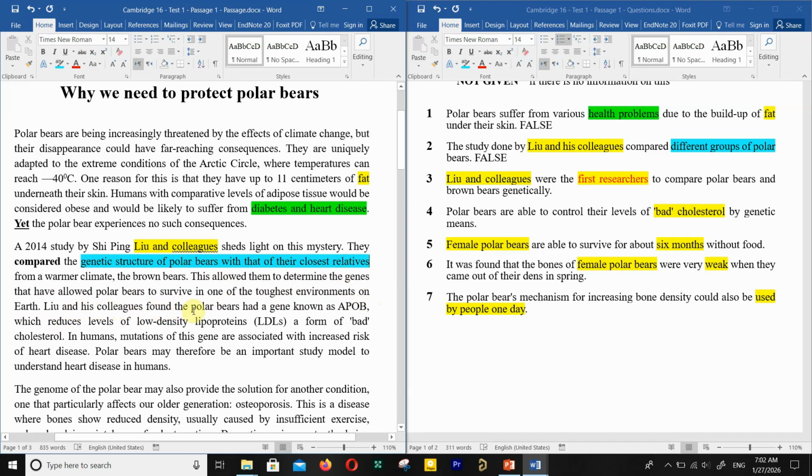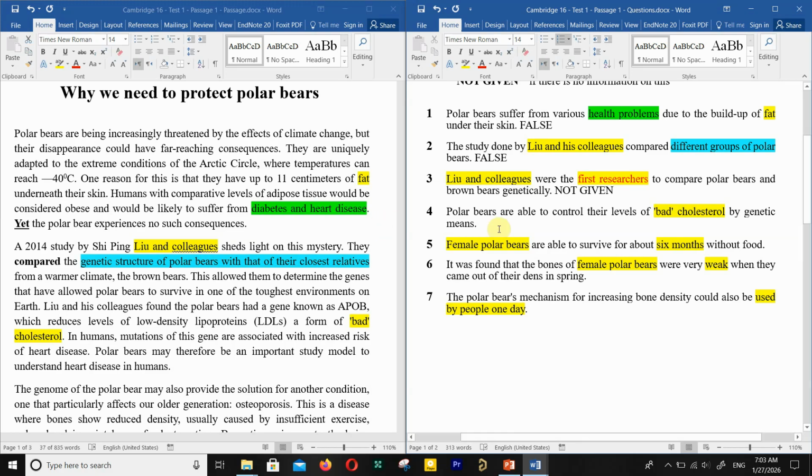Lee and his colleagues found the polar bears had a gene known as APOB, which reduces levels of low density lipoproteins, a form of bad cholesterol. Bad cholesterol rings a bell, because I already highlighted that keyword relating to question number 4. So there is no information in here relating to this. Lee and colleagues could be the first researchers, so the answer for this question is probably not given. In here we cannot find anything relating to this, so it's not given.